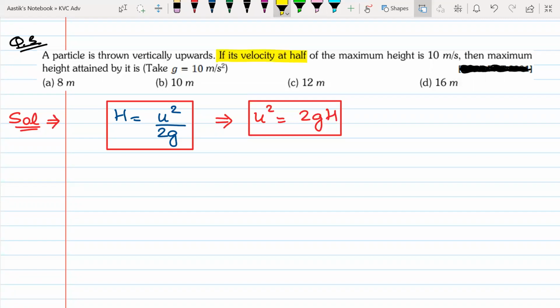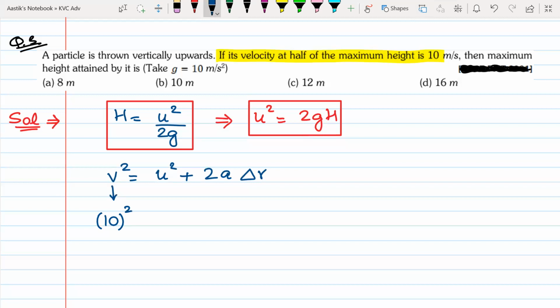Now it's given that the velocity at half of the maximum height is 10. So I use the formula v square is equal to u square plus 2 times a into delta r. Now, let me put the values here, my dear friend. V, the velocity, is given as 10, so I write it as 10 square.